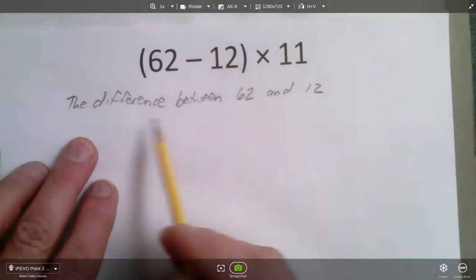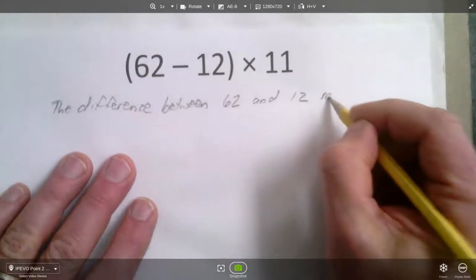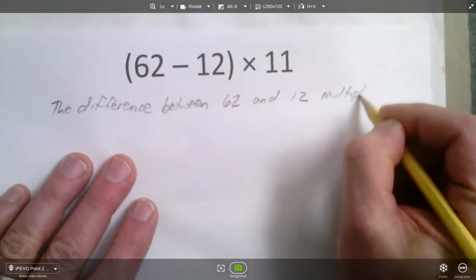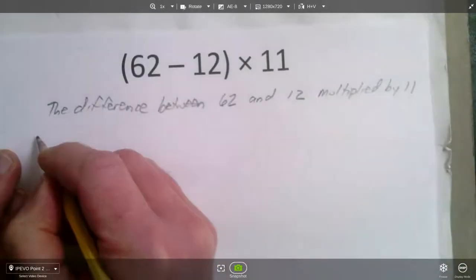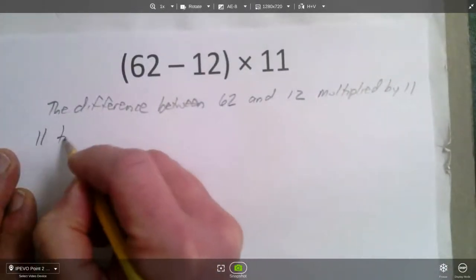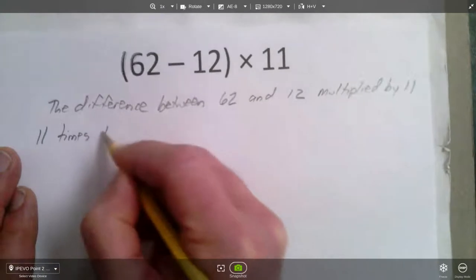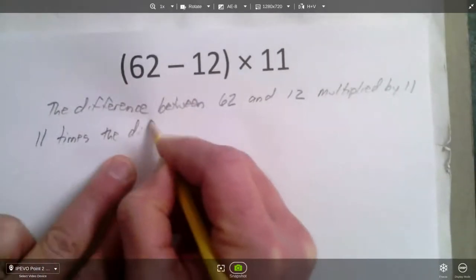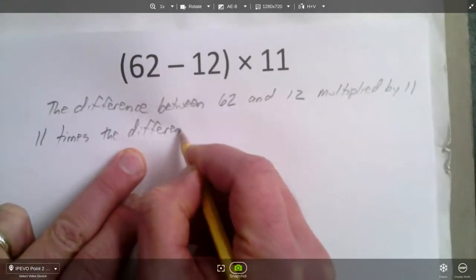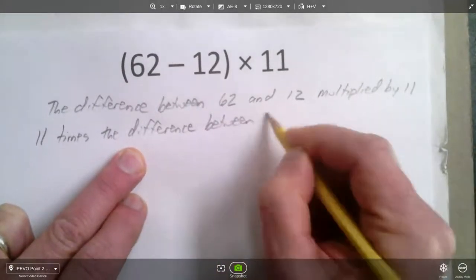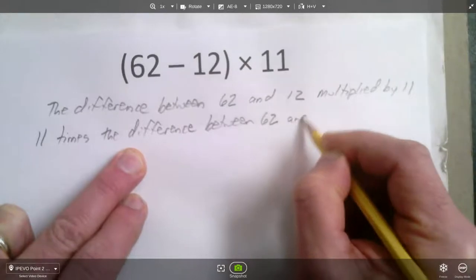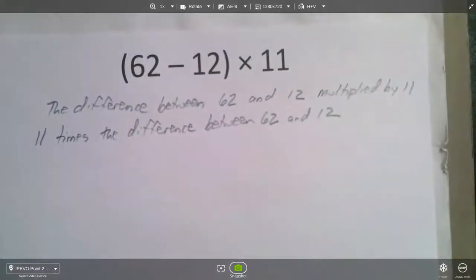Well, it would be the difference between 62 and 12 multiplied by 11, or because of the commutative property, I could write 11 times the difference between 62 and 12. All right, 2 more problems.